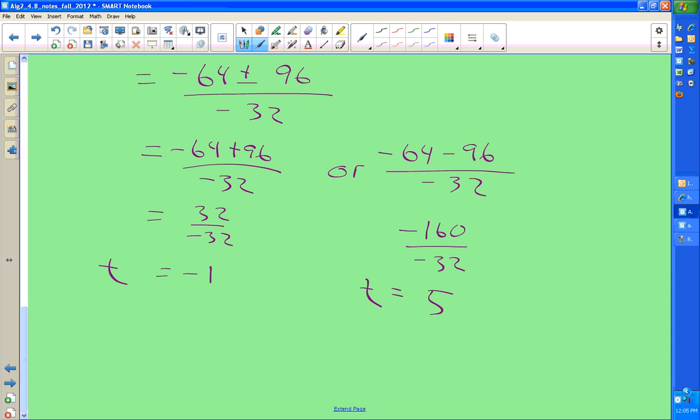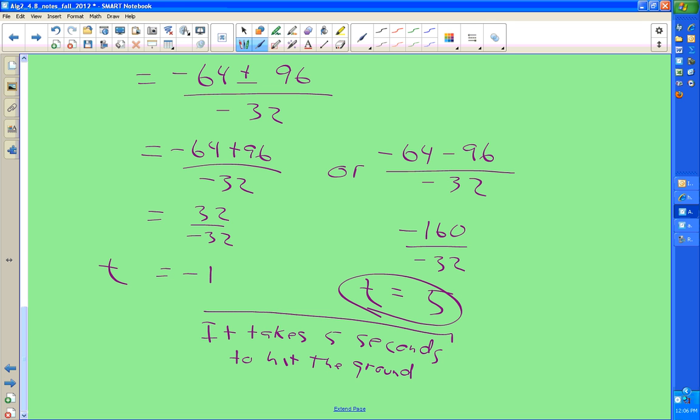Time can't be negative, so we're going to take t equals 5. It takes 5 seconds to hit the ground. Not t equals 5. It's a word problem. Answer it in words.